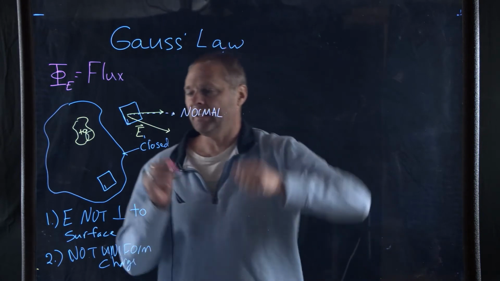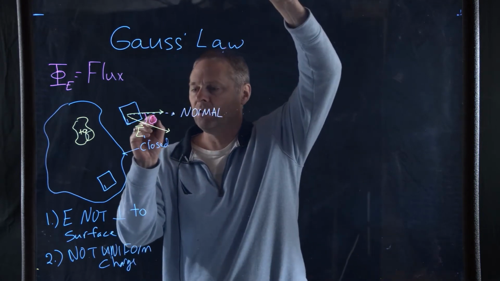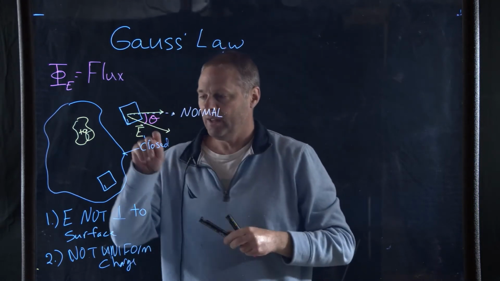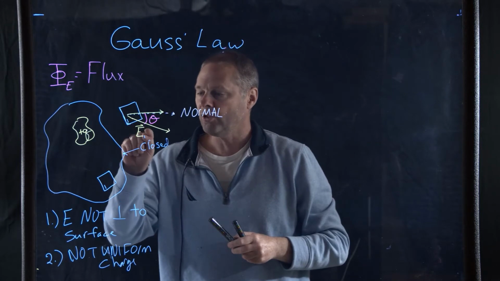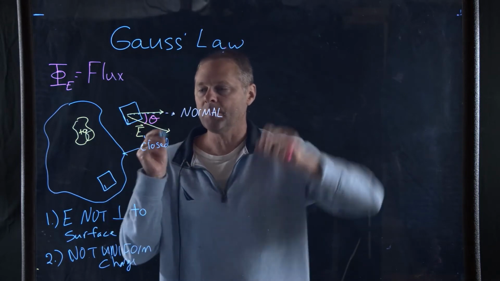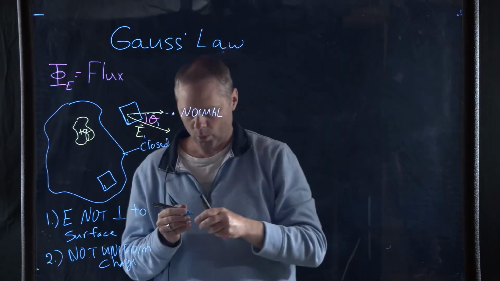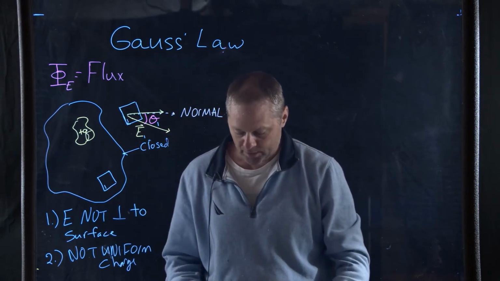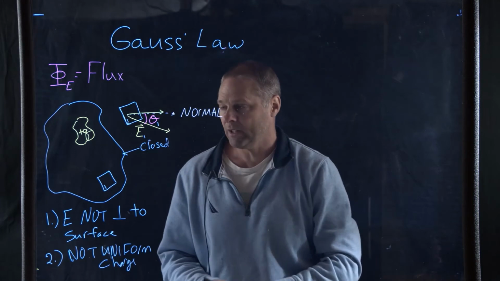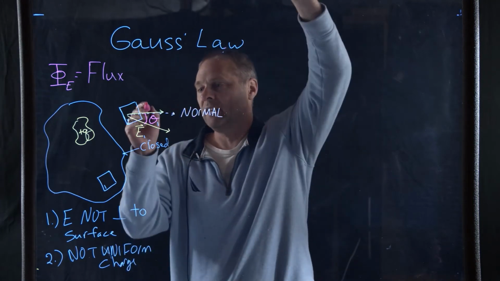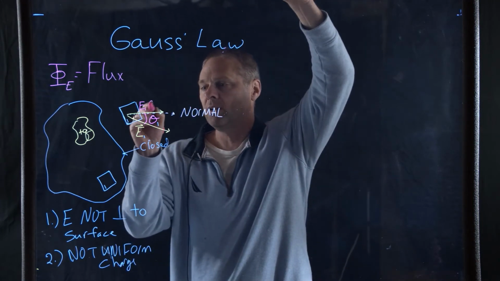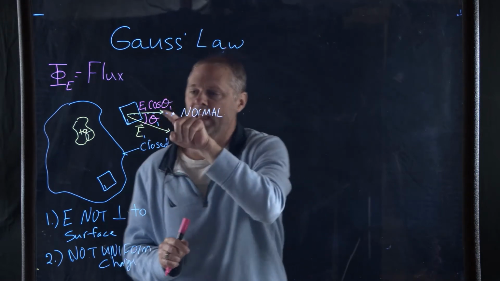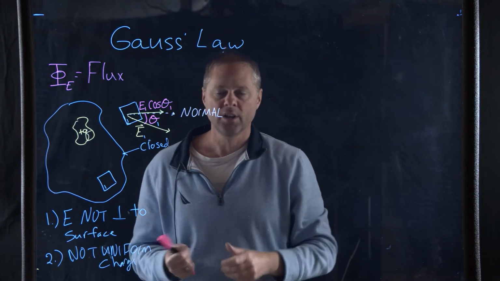There's going to be some kind of angle between the actual electric field and the portion of the electric field we're going to take. We can write that as E1 cosine theta 1. That's how we can represent that vector using trigonometry.